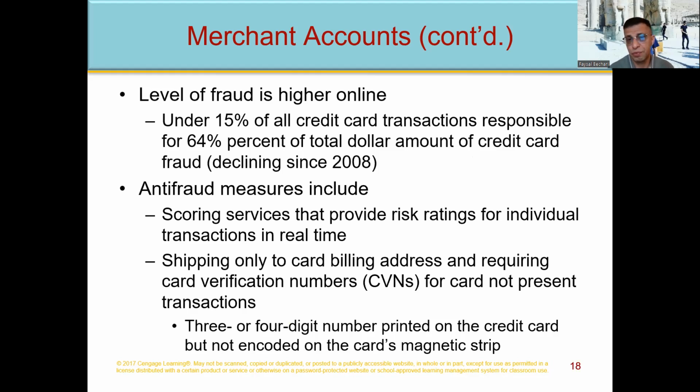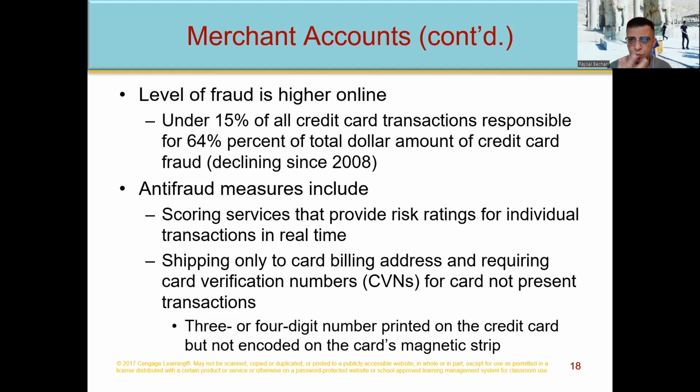The level of fraud is much higher online: under 15% of all credit card transactions are responsible for 60% of the total dollar amount of credit card fraud, declining since 2006. So there's lots of fraud happening with credit cards. The anti-fraud measures include scoring services that provide a risk rating for individual transactions in real time.